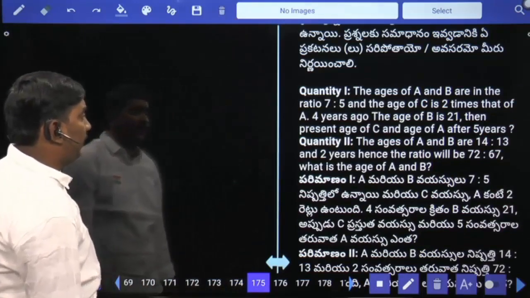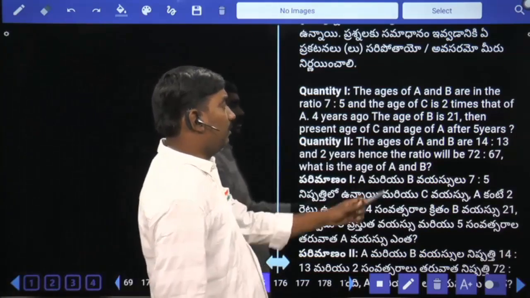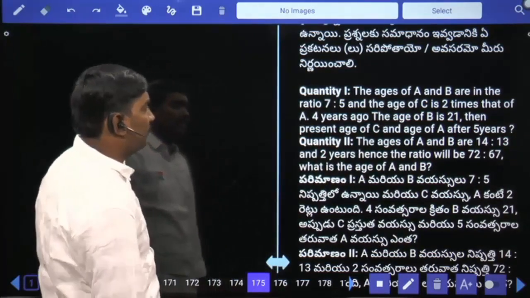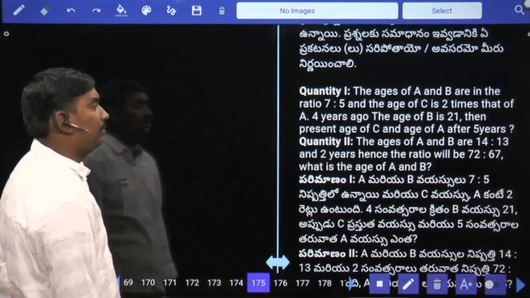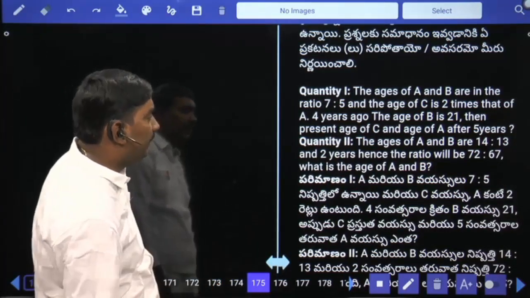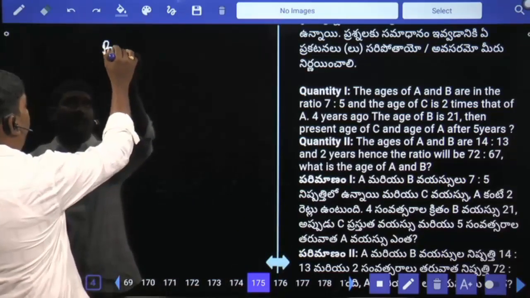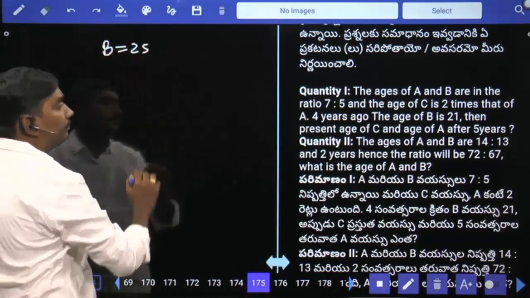The ages of A and B are in the ratio of 7:5 and the age of C is 2 times that of A. 4 years ago, the age of B was 21 years. 4 years ago B was 21, which means present 25.